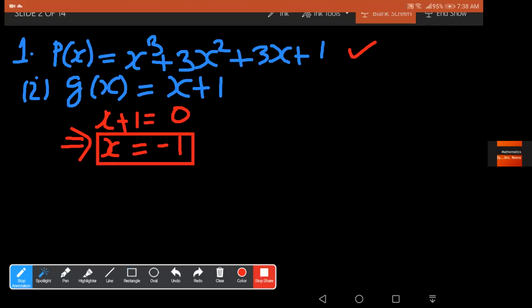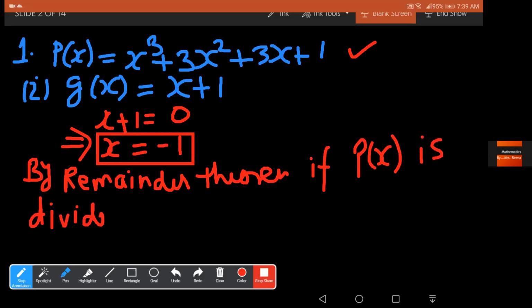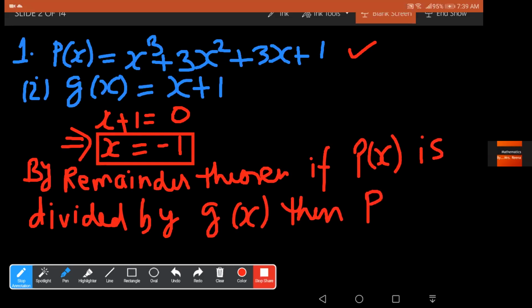And then by remainder theorem, we can say that by remainder theorem, if p(x) is divided by g(x), then क्या होगा रिमाइंडर? p यहाँ पे -1 आई है वैल्यू, p(-1) is the remainder. p(-1) is the remainder.